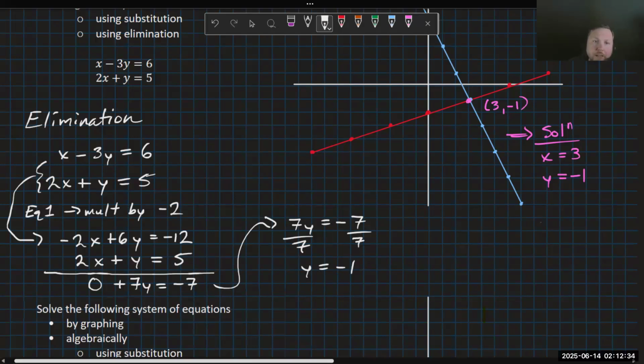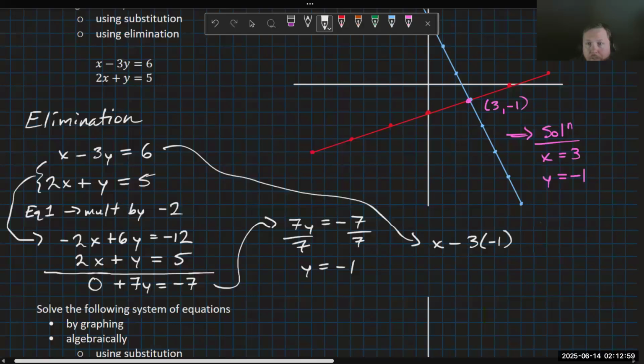And once you have this, you can substitute that -1 into either of the original equations. So if I substitute it into this first equation, I get x minus 3 times -1 is equal to 6.